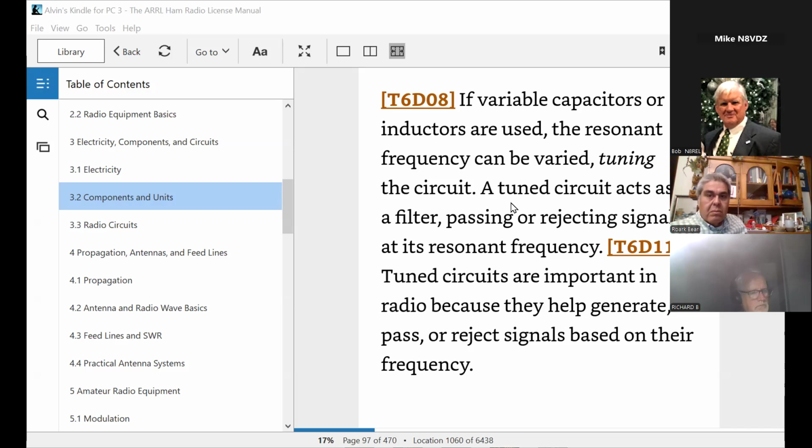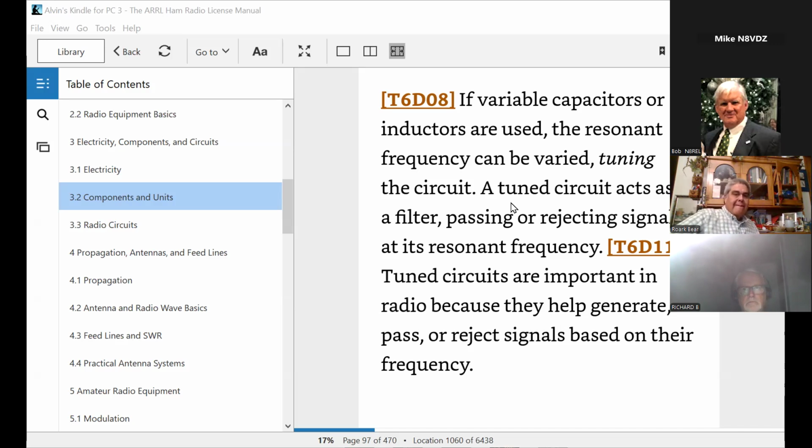And also back in the day, you had to worry about neighbors' TVs dancing up and down when you're operating. We had these high pass filters which we'd put on the TV set, which would pass the TV signals, the high frequencies, and ignore the ham signals, the lower frequencies.